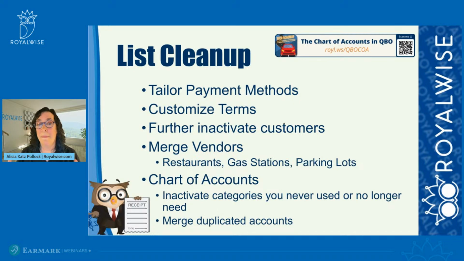Maybe merge your vendors together. If they have tons of one-off miscellaneous vendors that only have one transaction over 10 years, this is a chance to inactivate them or maybe merge them. In QuickBooks Online, something that's different from desktop is that it's actually okay to have a couple generic vendors like restaurants or gas stations or parking lots.